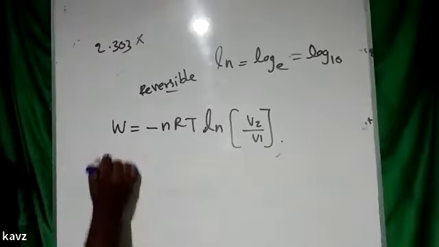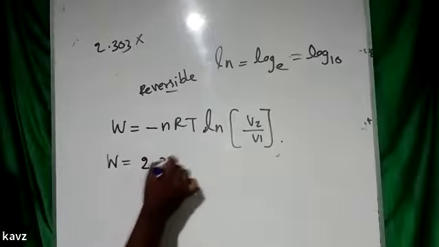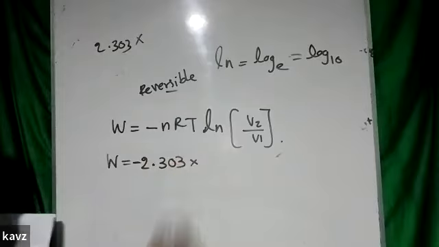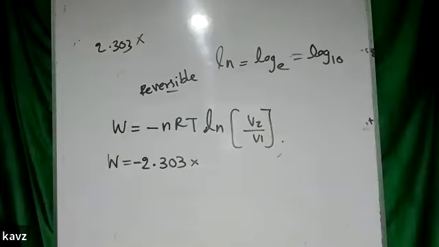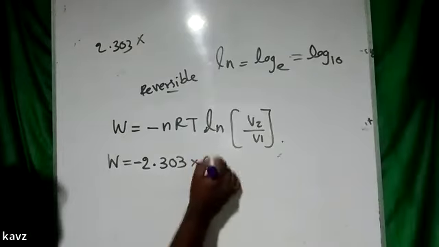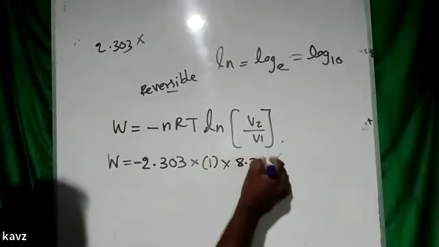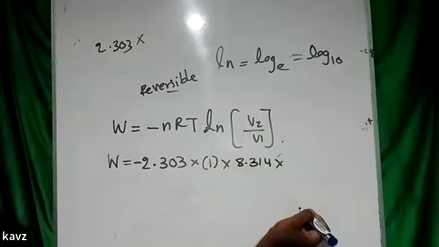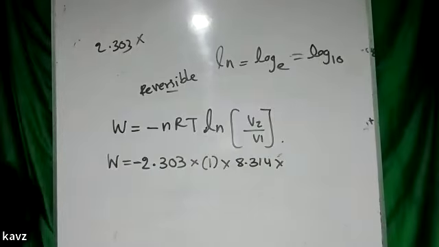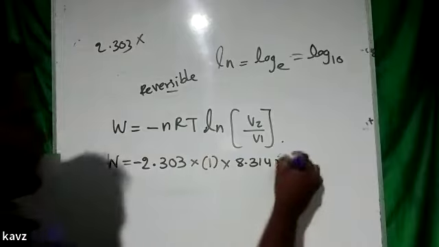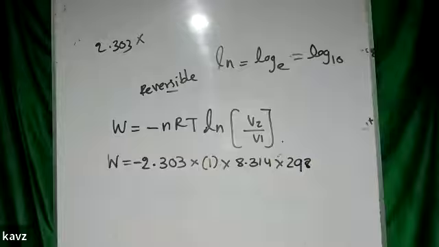So I'm going to make it negative 2.303 times, 1 mole, R means 8.314, T equals to... temperature is not given, but I mention the temperature should be 298. Take the standard, it's okay.